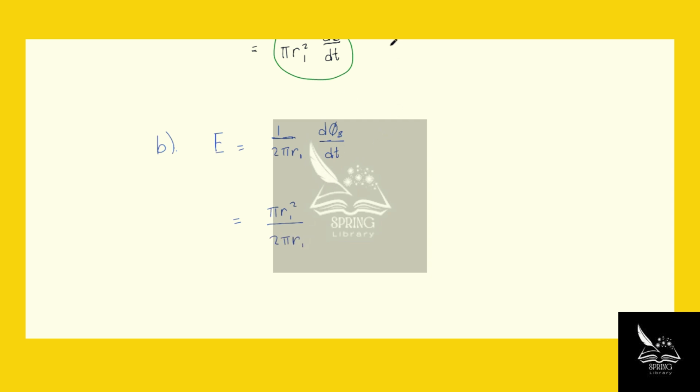Our expression for dΦ/dt comes from our first answer, and this is multiplied by dB/dt, the rate of change of magnetic field. And so this becomes r1/2 dB/dt, and that's the magnitude of the electric field.